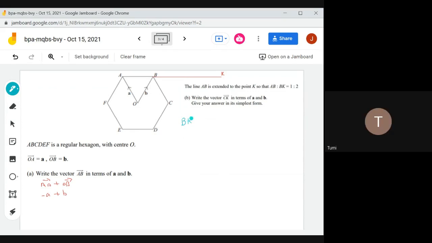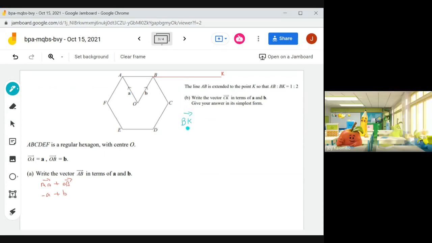Like as a fraction, well, as whatever really. Before putting in any fraction, well, it depends how you thought about it really. But if you look at AB to BK and the numbers 1 to 2, what does that tell us? Because we already know what AB is.